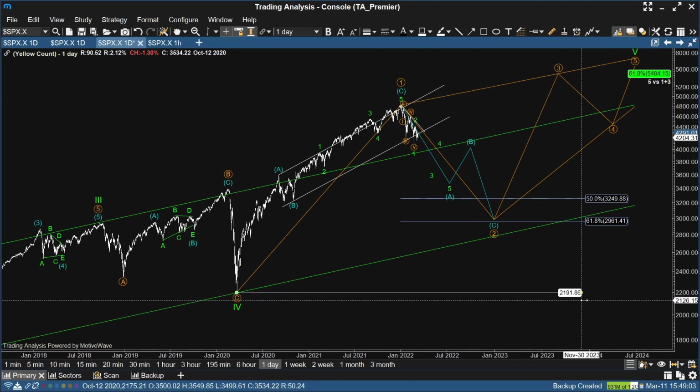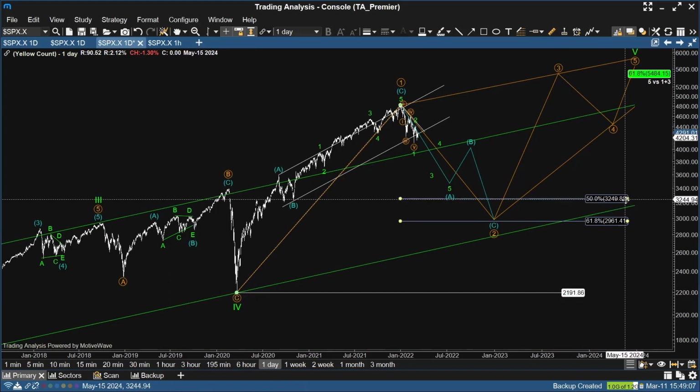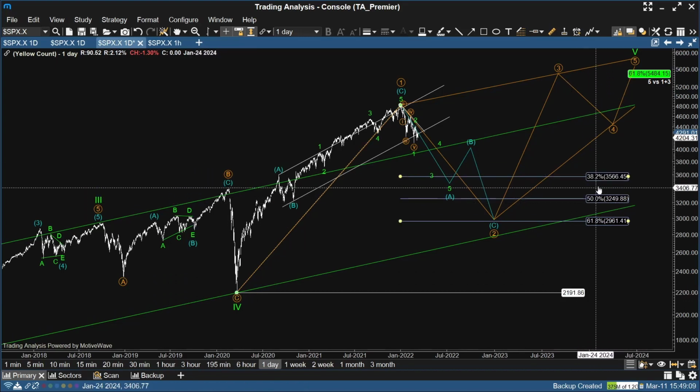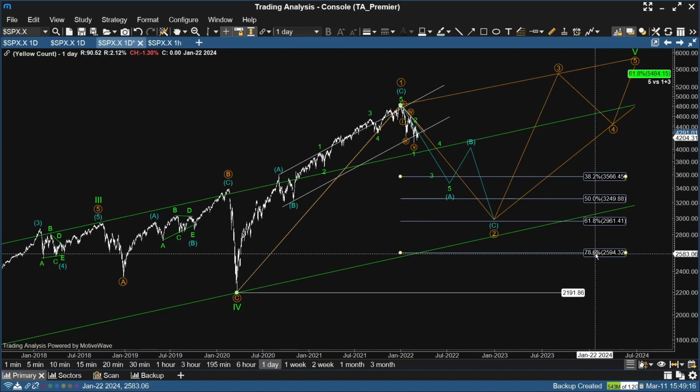That means price action would remain north of 2191.86 and more than likely meet support somewhere between 35.66 and 29.61. But really, it's fair game all the way down to 25.94.